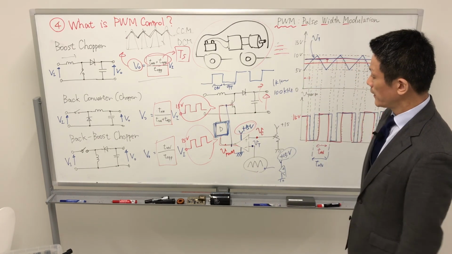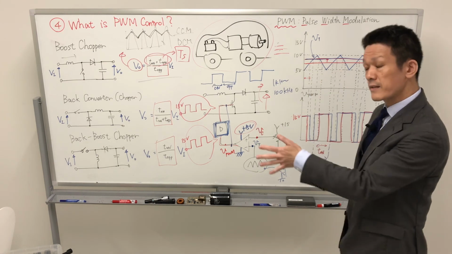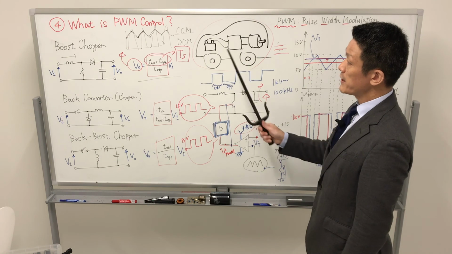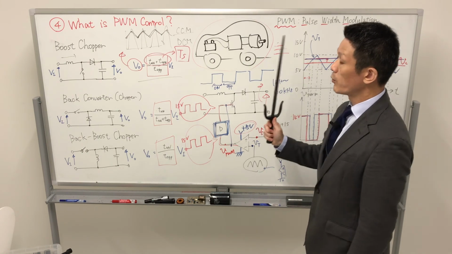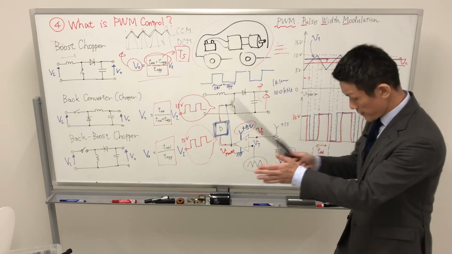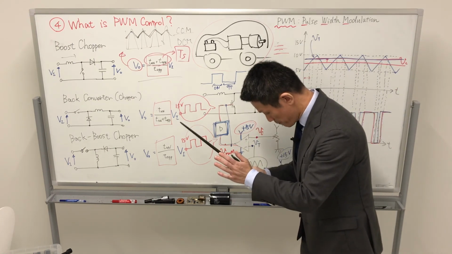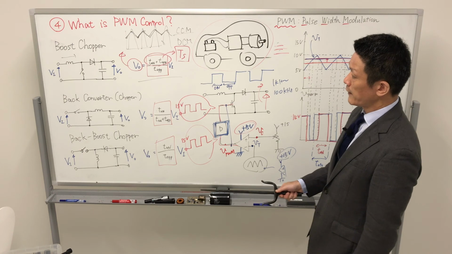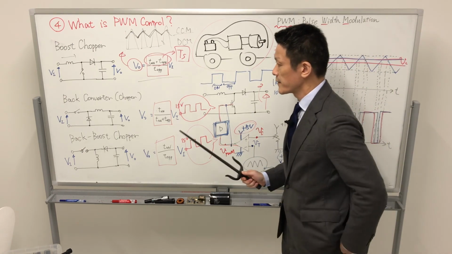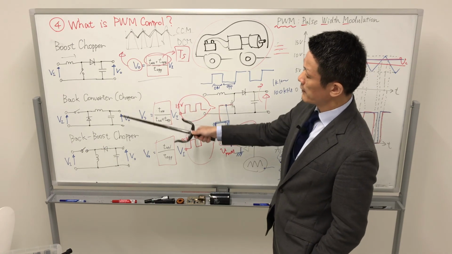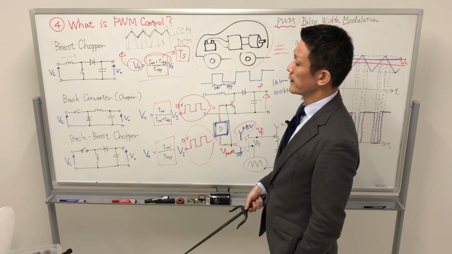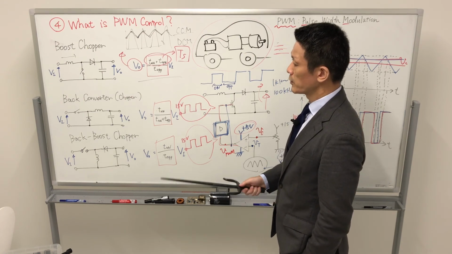Okay? So today's essence is, please understand the essence of PWM control. The essence is a very, very important thing. In the textbook, your exercises are many circuit analyses, and that's not the essence.